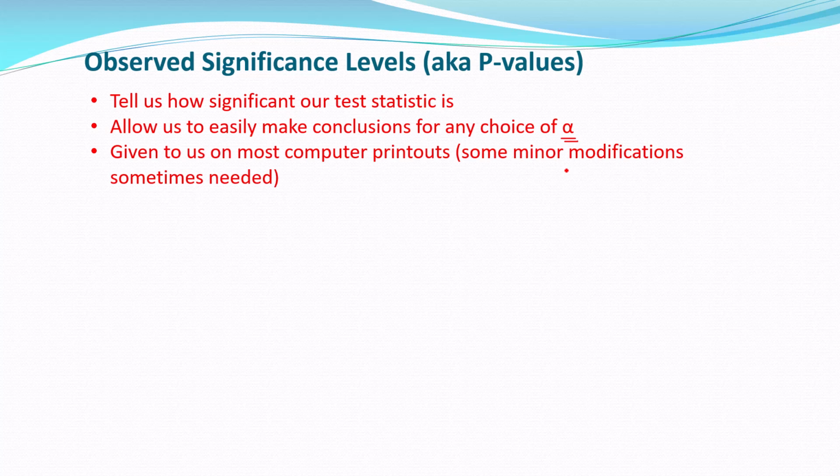However, there are some prepackaged analyses in Excel where we don't always get the p-value that you want. And more importantly, when you're using other software packages or looking at printouts from them, they don't always give you the p-value that you want.